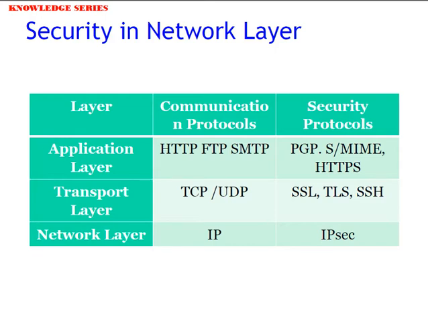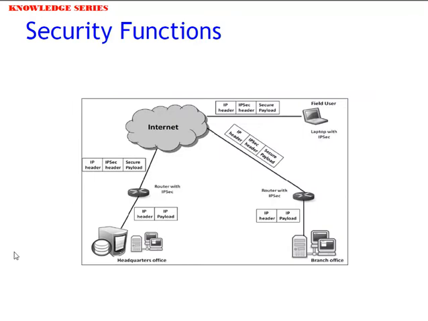These are another form of security protocols. If you look at the network layer, it comes as IP in the communication protocols and IP security in the security layer protocols.